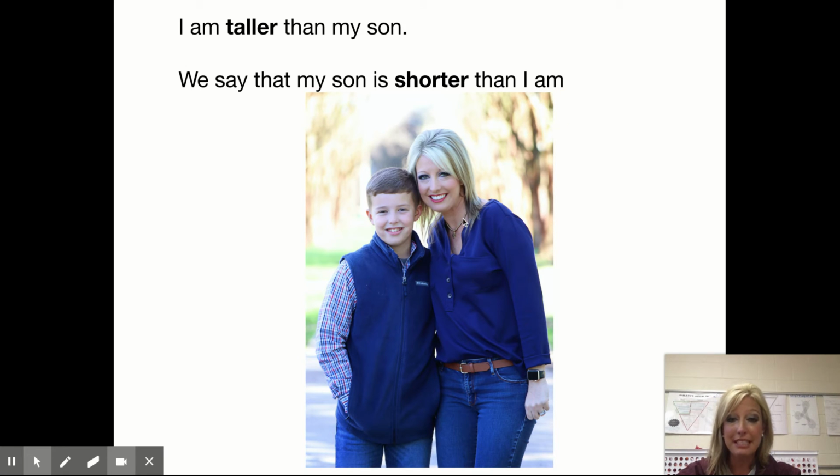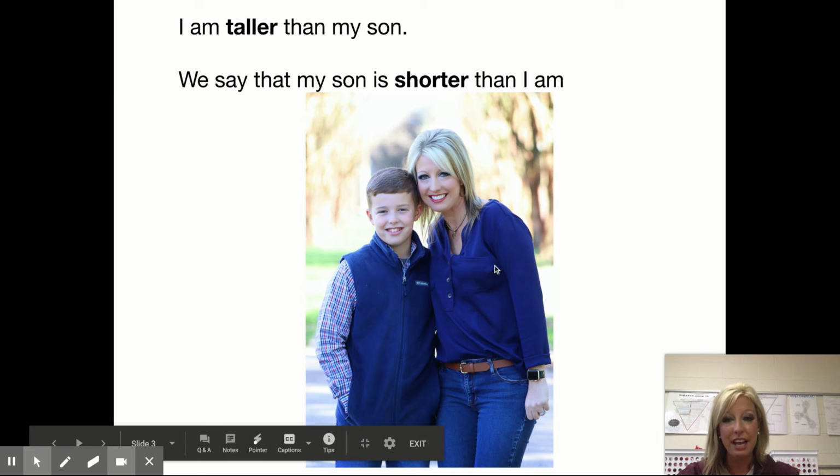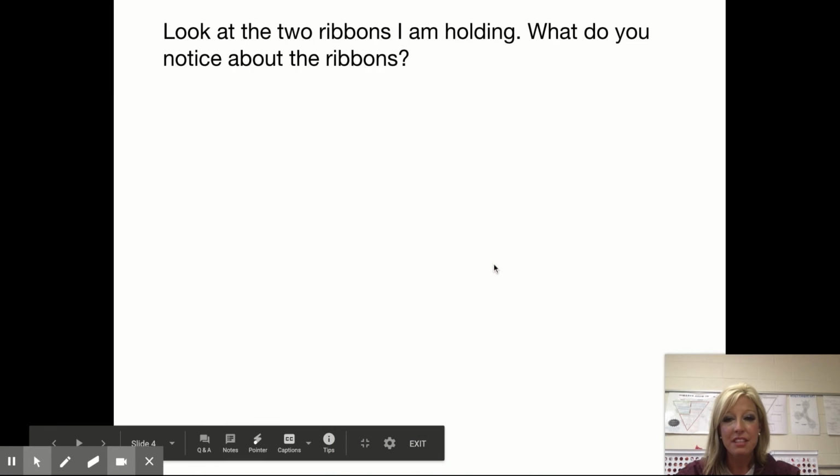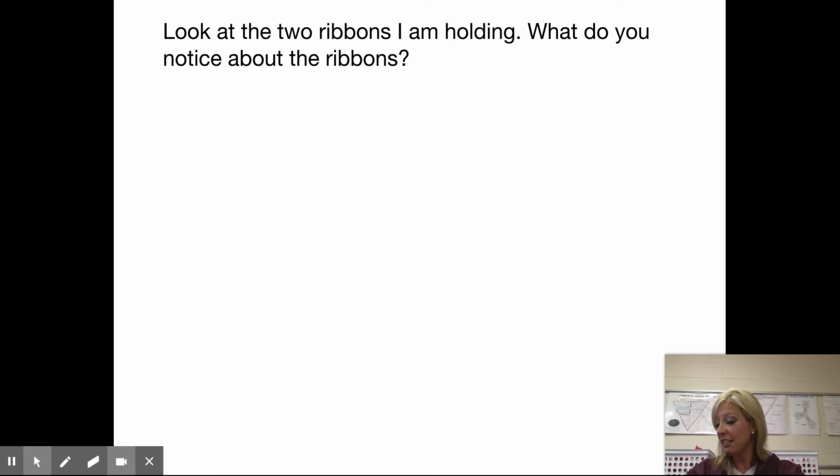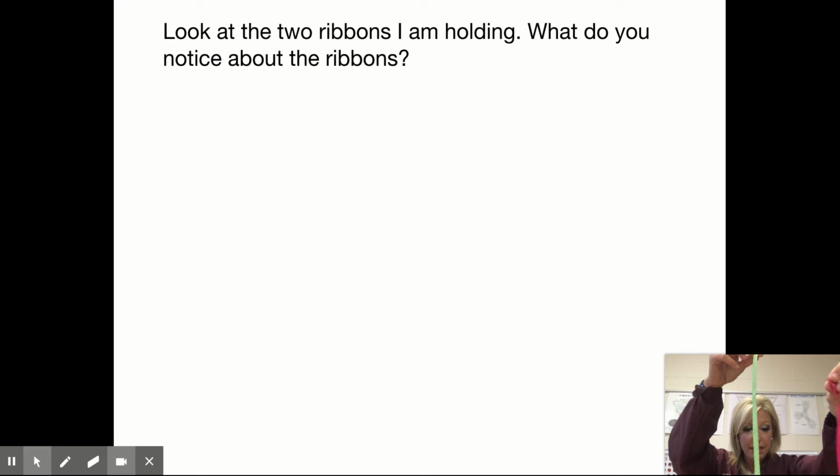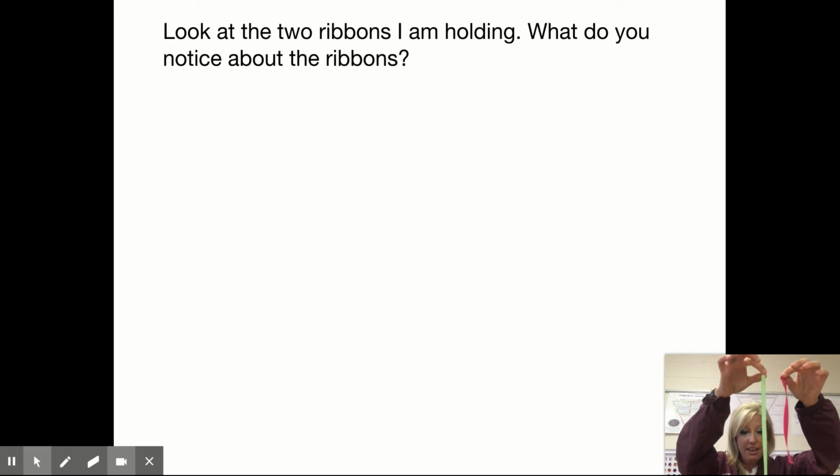You probably said some of the same things I said. I am taller than my son, or you may have said that my son is shorter than I am. So the next thing I want you to do is look at the two ribbons I'm holding. I have a pink ribbon here, and I have a green ribbon.